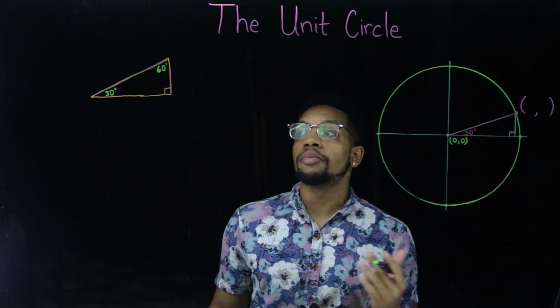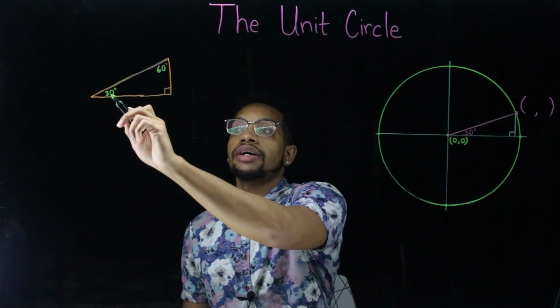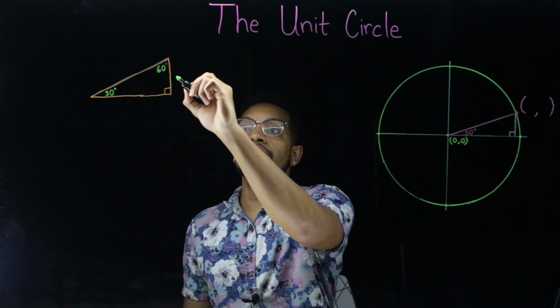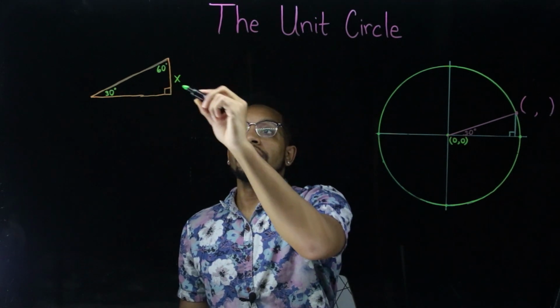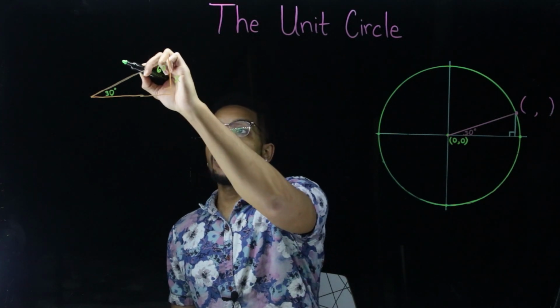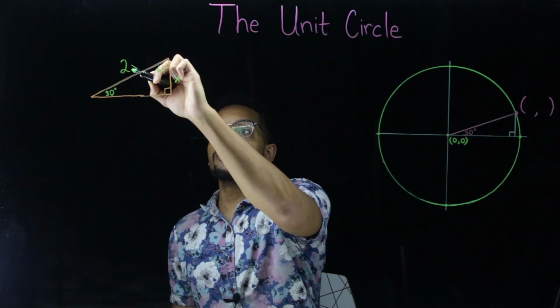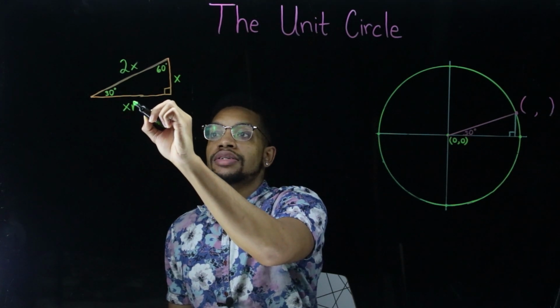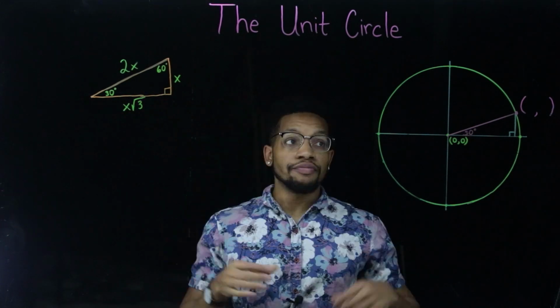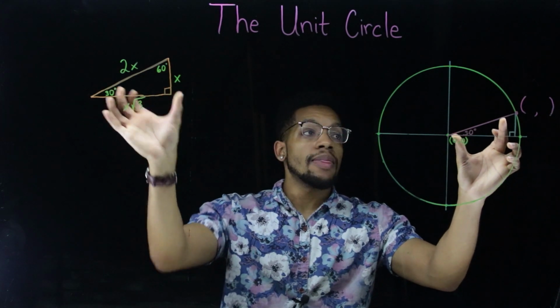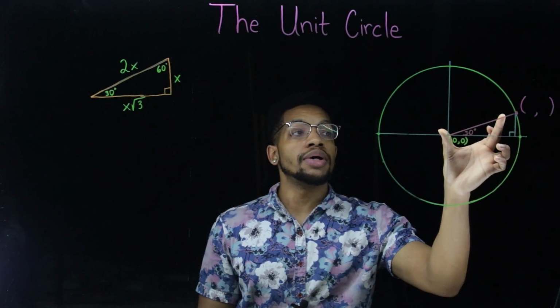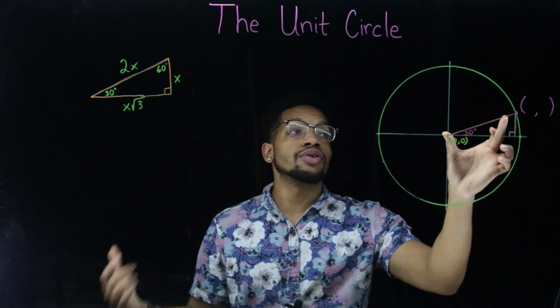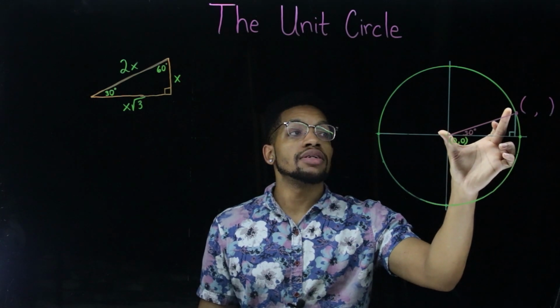All right, so if you remember, I let the side across from the 30-degree angle be x. Then the hypotenuse was of length 2x, and this side right here was x times the square root of 3. These are literally the same triangle, but we have to think about the properties of the unit circle. You know that the radius is 1, right?